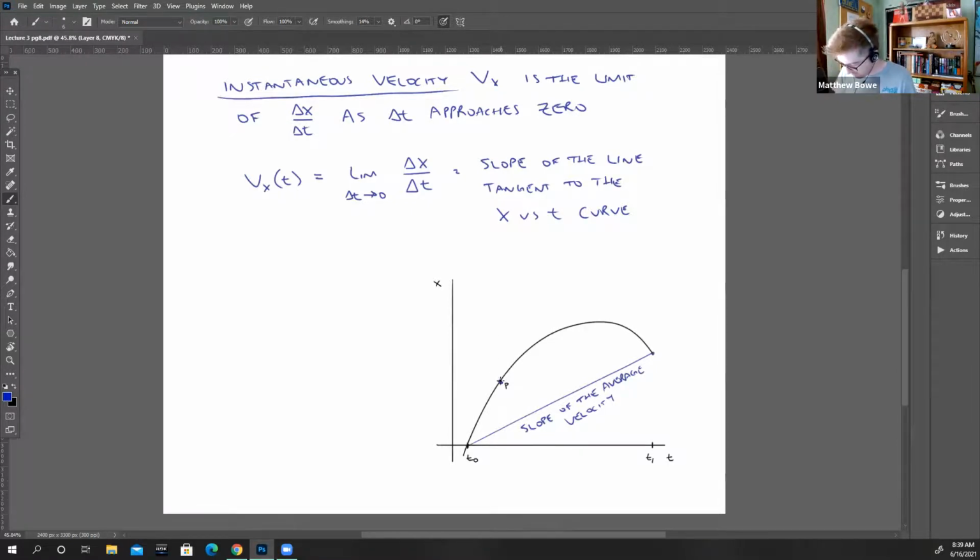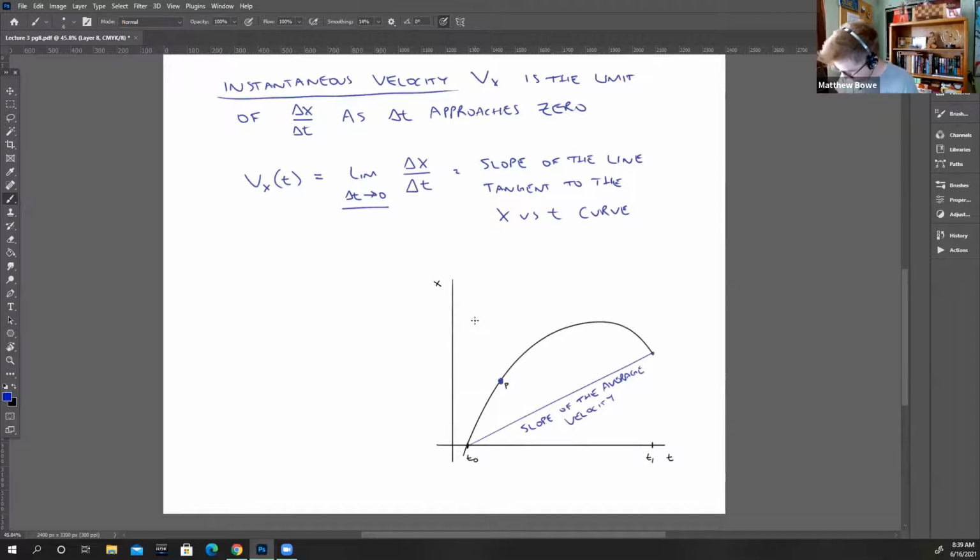We want to know what is the velocity here, and that's where we take the limit as the change in time approaches 0. That just means we're taking smaller and smaller sections of time.